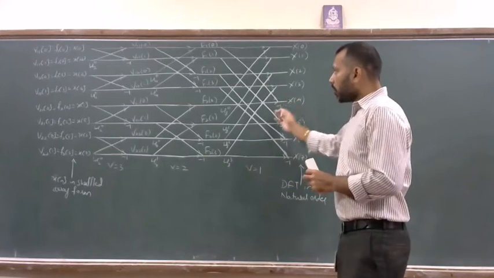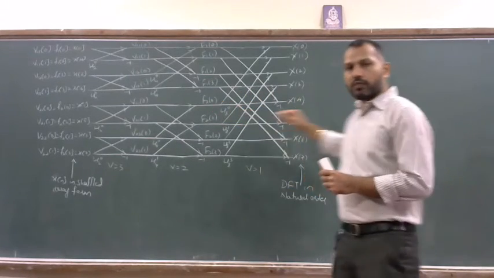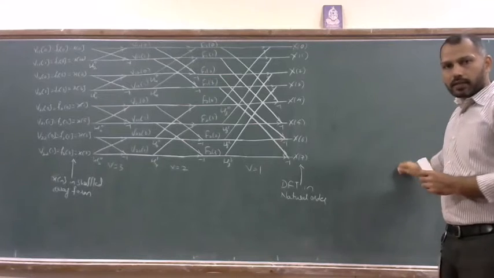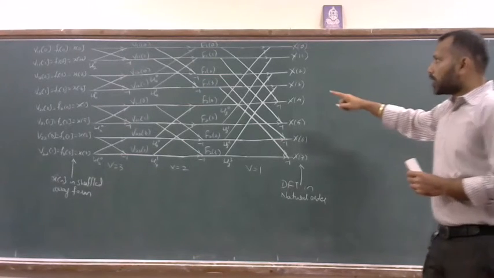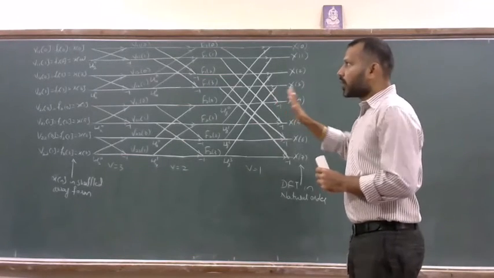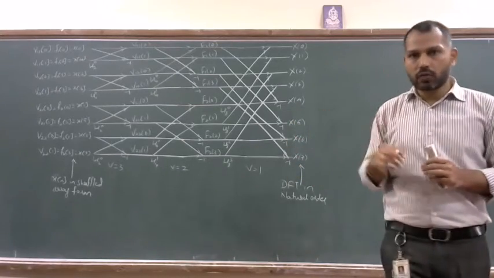Now, how did we develop each stage in this decimation? We had been through an equation set in the previous class. But in general, there were only two equations. I'll be shortly writing those equations.